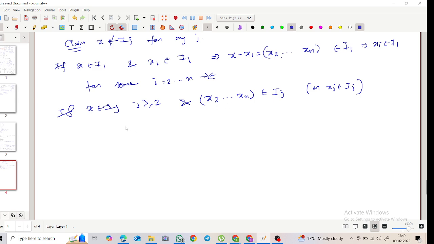So x minus this product is in Ij, which is again a contradiction. So x is not in any Ij, which means x is not in the union, which is a contradiction because x is in J and J is contained in this union.